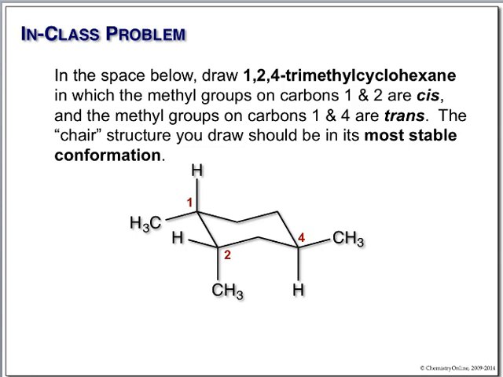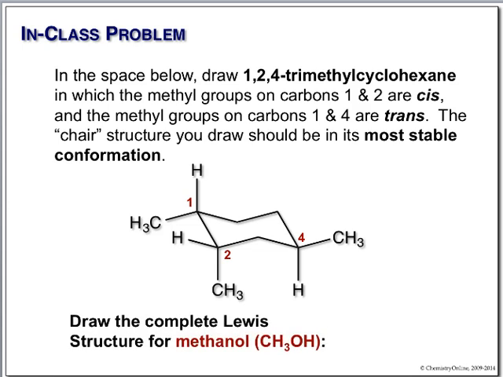All right, there's another question here. It goes all the way back to Lewis structures. This is general chemistry, but let's go ahead and do it anyway. We want to draw the Lewis structure for methanol.